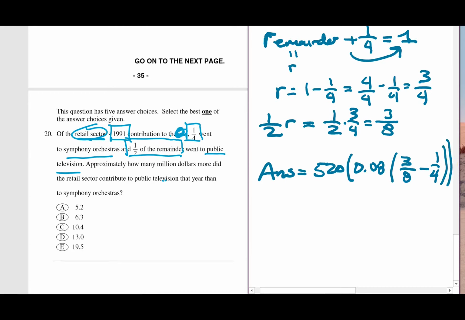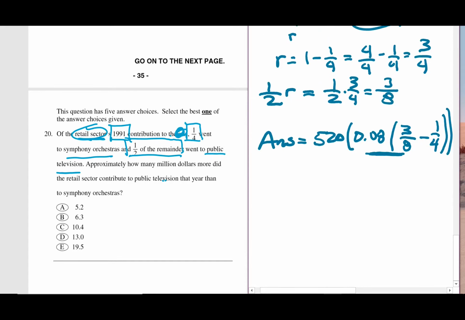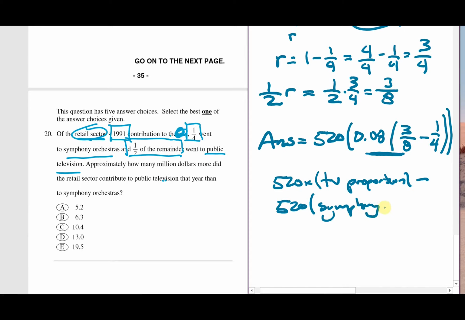So all we did is we're taking 520 times the TV component minus 520 times the symphony. So we start with 520 times the TV proportion, minus 520 times the symphony proportion.